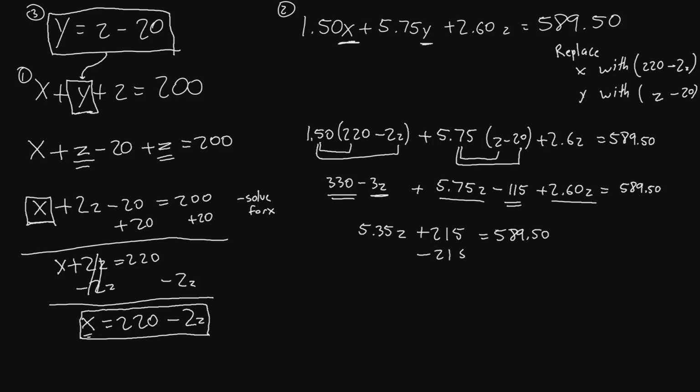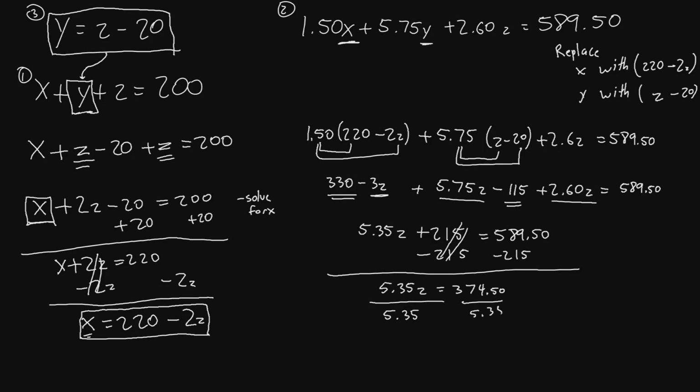Now we subtract the 215 from both sides. 215 cancels out, and we'll get 5.35Z equals $374.50. Now, the last step is to divide by 5.35, and you will get Z equals 70.